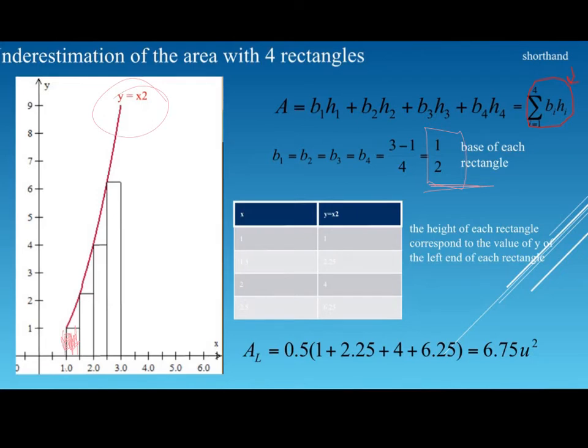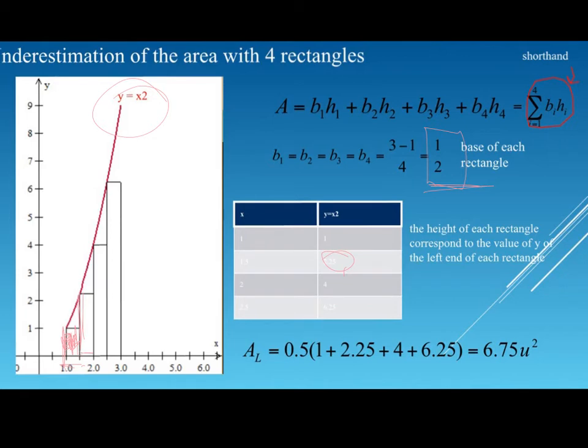So the first rectangle has height 1 and base 1/2. For the second rectangle, we substitute 1.5 in the function, and 1.5 squared is 2.25. 2.25 will be the height of the second rectangle. The base is always the same, 1/2.